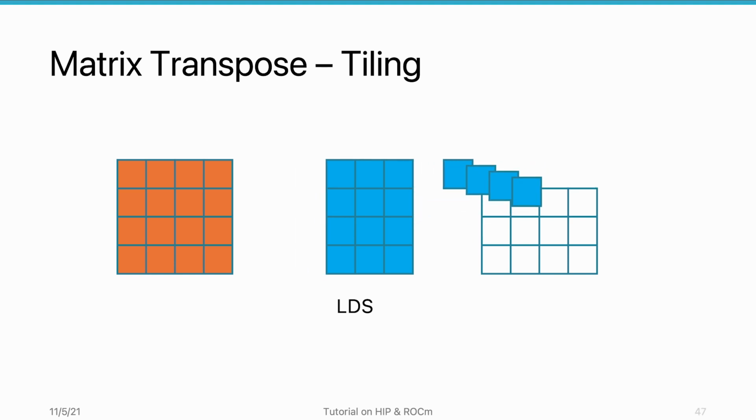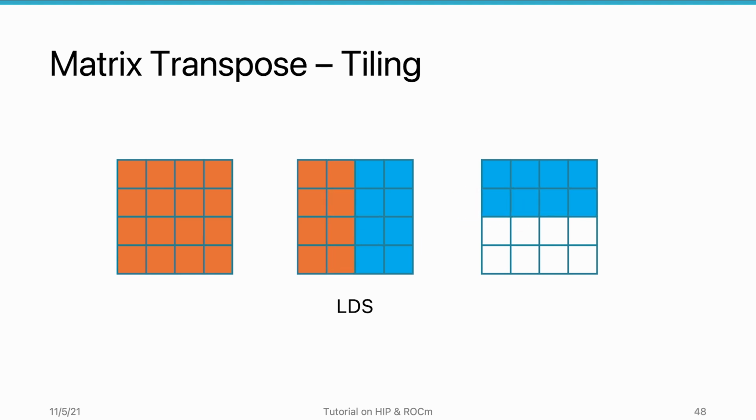So we can read the first column in LDS. It may look like a non-coalesceable way, but remember, accessing LDS is really fast and there's no problem with coalescing. So reading a column of data in LDS has no performance penalty. But when we write the data horizontally into the output matrix, we can still coalesce the output.